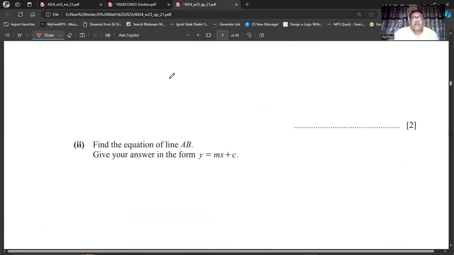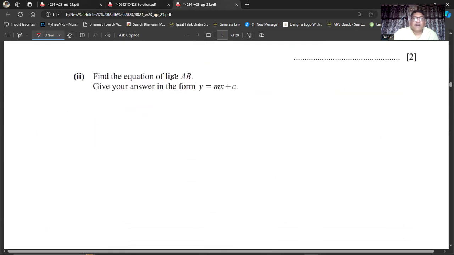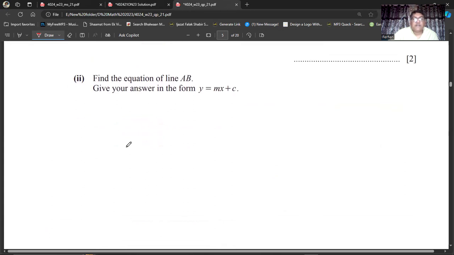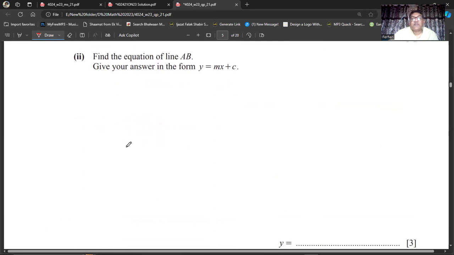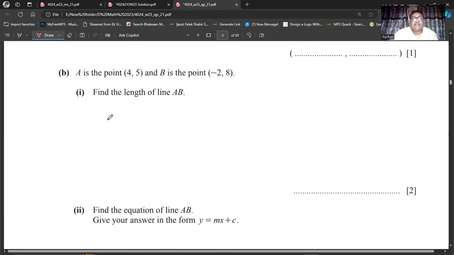So question number 3b, and it's the second part. He says find the equation of the line AB. Give your answer in the form y equals mx plus c. So basically they are asking me to find the equation of the line AB. The process is very simple. First of all, I know the coordinates of A, I know the coordinates of B. So what I can do is find the gradient, and the gradient is represented with m.